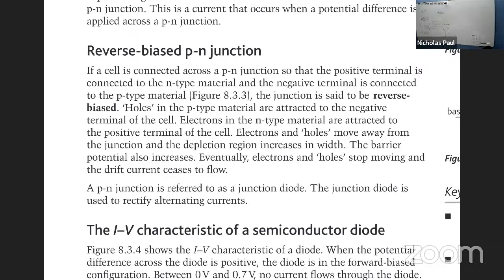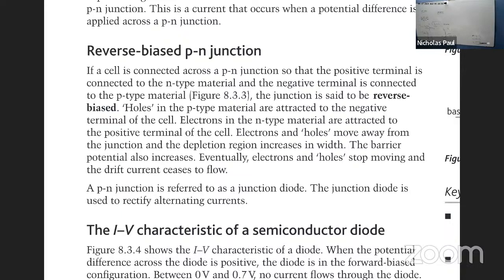Of course, reverse bias is the opposite, right? If a cell is connected across a PN junction so that positive is connected to the n-type and negative connected to the p-type, the junction is said to be reverse bias. The holes in the p-type are attracted to the negative terminal, and the electrons in the n-type are attracted to the positive terminal.